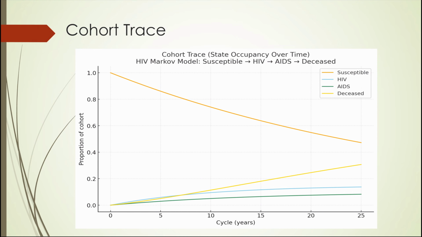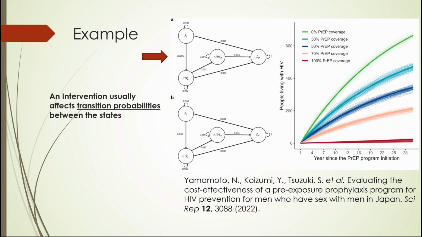An example of how we can do a CEA on a Markov model is here, where they were trying to capture how pre-exposure prophylaxis, a medication that prevents HIV transmission, can change the cohort trace that I previously explained.